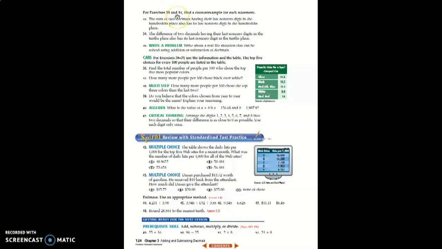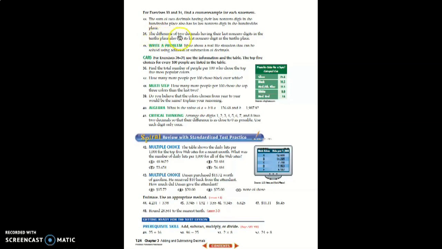For exercises 33 and 34, find a counterexample for each statement. 33. The sum of two decimals having their last nonzero digit in the hundredths place also has its last nonzero digit in the hundredths place. 34.